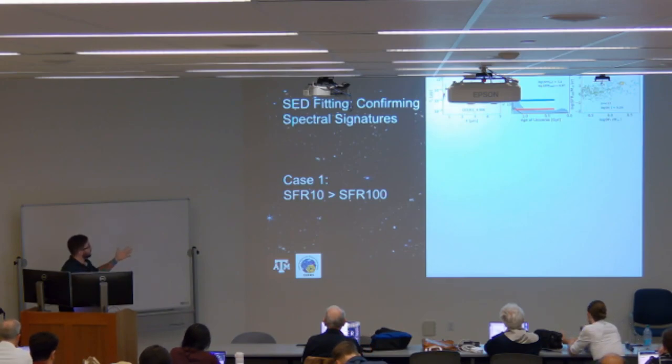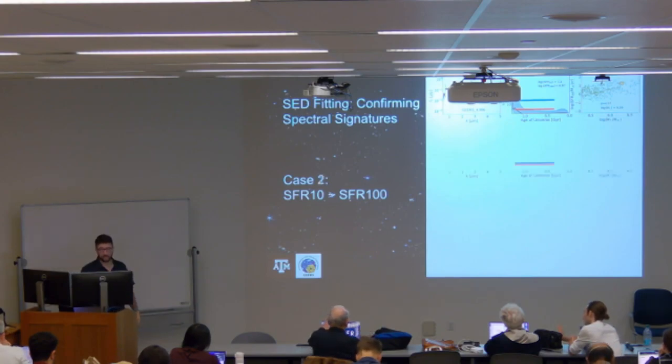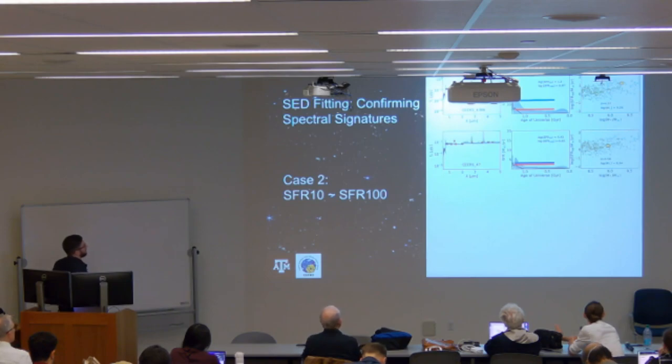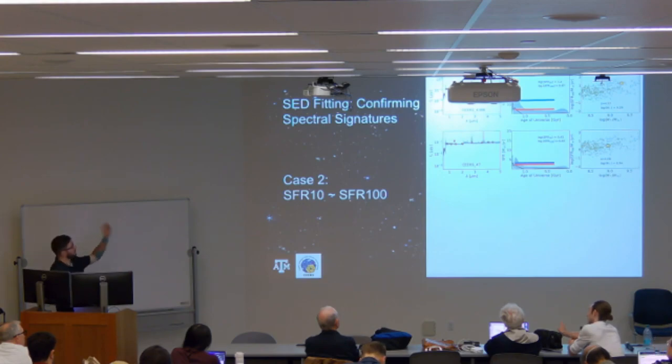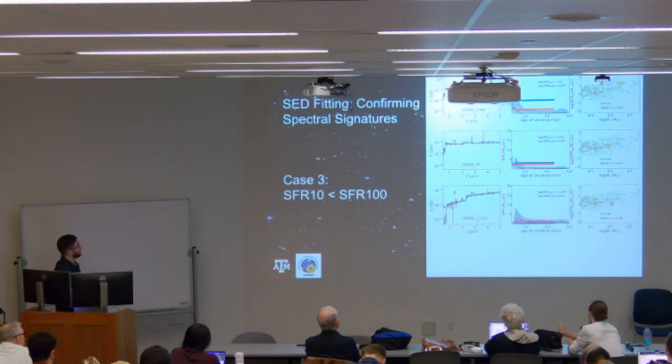So this is basically what we are looking at: what galaxies have a case where star formation rate is rising as a function of time, star formation rate is relatively flat as a function of time, at least over those 10 and 100 megayear timescales, and finally, where we have a drop in star formation right before the epoch of observation.